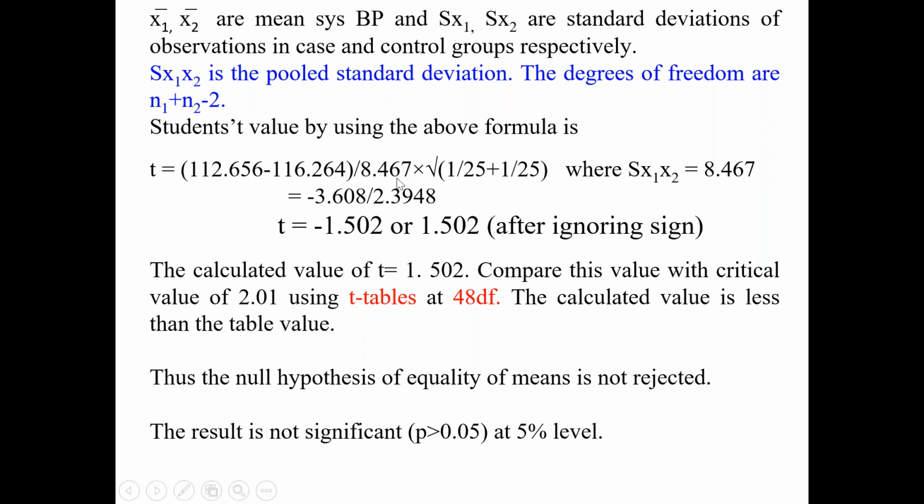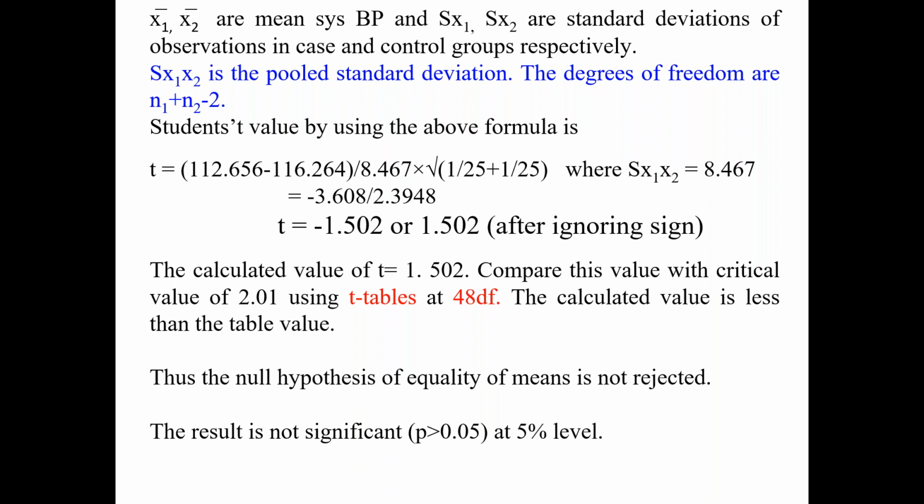After calculation, it comes out to be 8.4, multiplied by the square root of 1 by n1, that is 25, plus 1 by n2, that is again 25. So with these values, it comes out to be minus 1.5, or 1.5 after ignoring this sign. Now this sign is ignored because we only want the absolute difference for a t value.